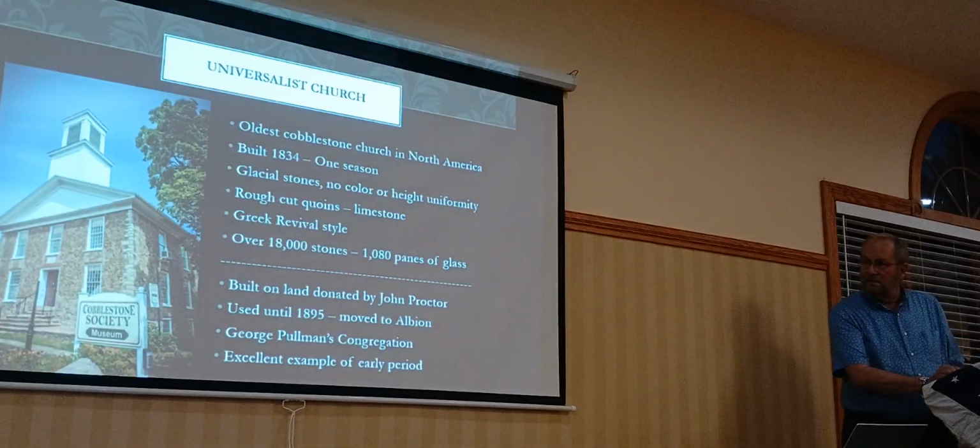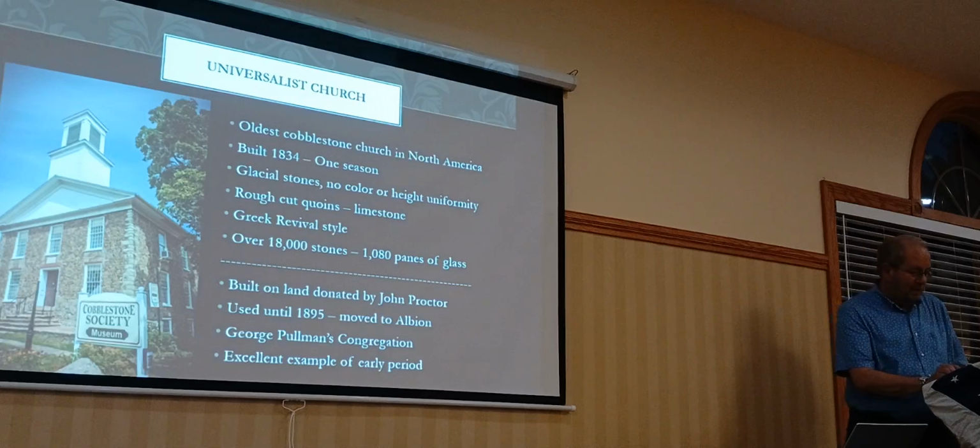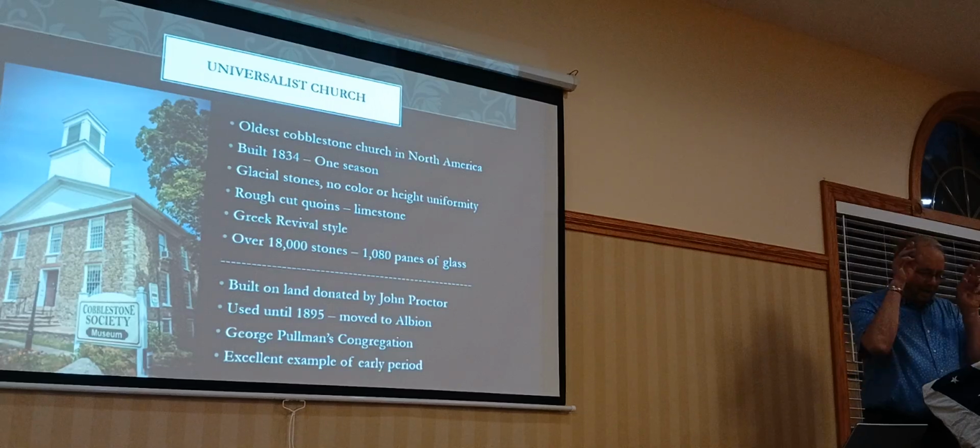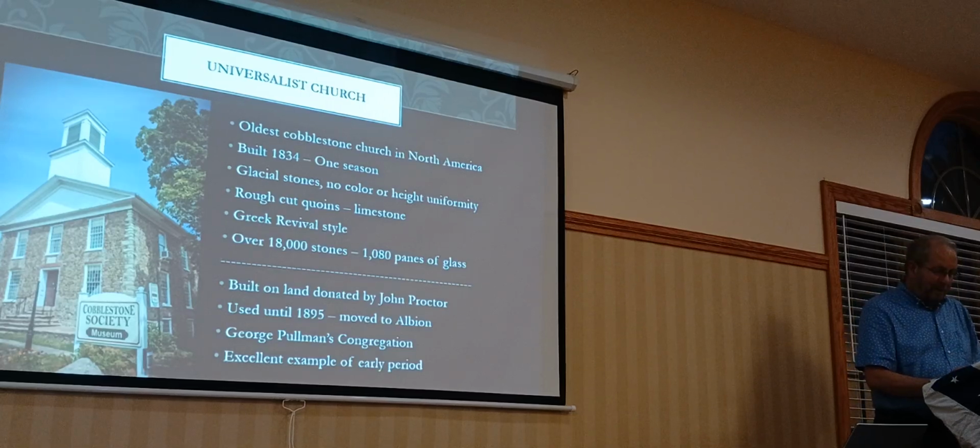This was a building that was in jeopardy. In 1960, several local historians decided they would create a society, the Cobblestone Society, to save the building. They did some fundraising and were able to purchase the building from a local farmer who was using the church for cabbage storage.